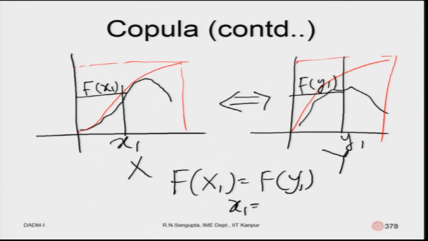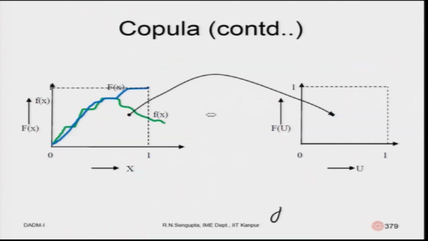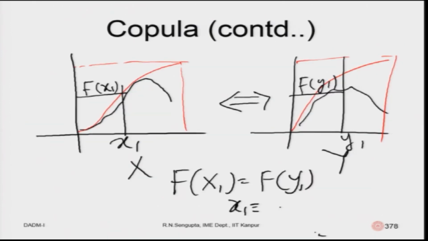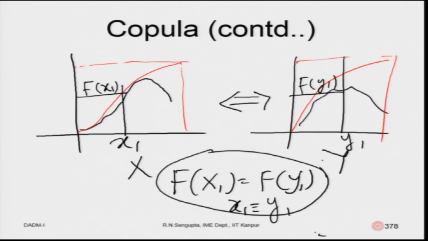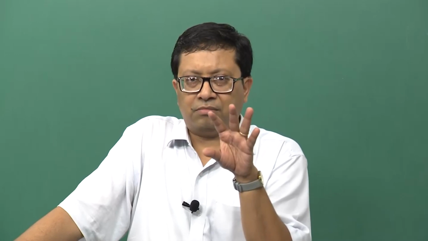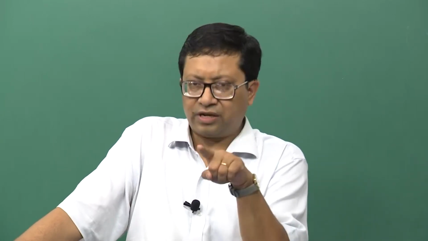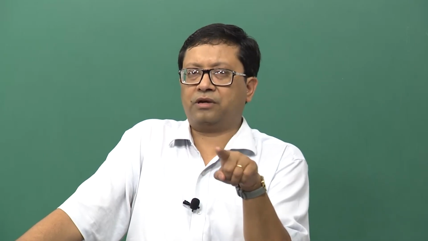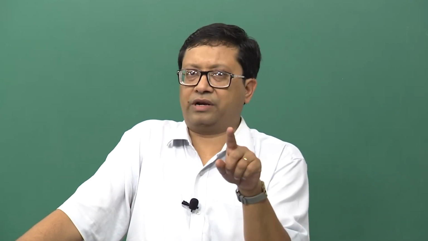If I add up all the probabilities of x till the x1 value, and add up all the probabilities for y till y1, both of the values are equal, such that the total probability covered till x1 and the total probability covered till y1 are equivalent.